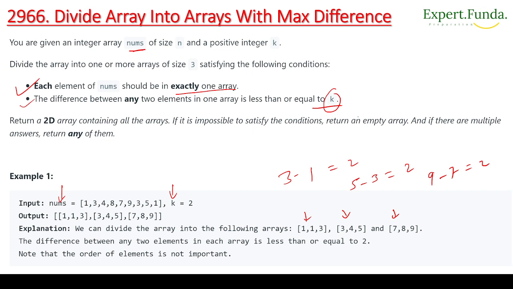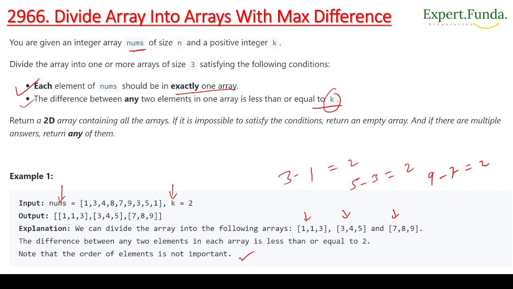So it is approximately equal to k. The order of the elements doesn't matter. Note that the order of the elements is not important. What is important is exactly the difference: the difference between any two elements in the array should be less than or equal to k. That we have to see.